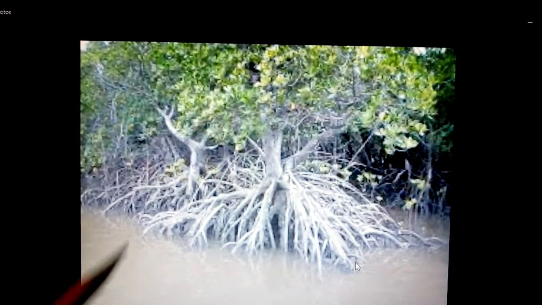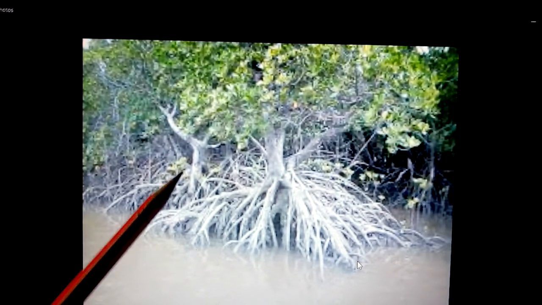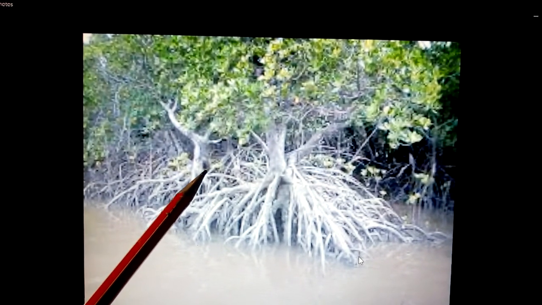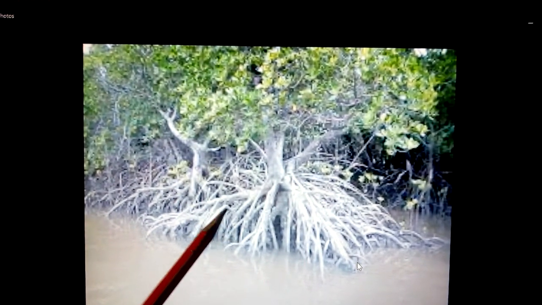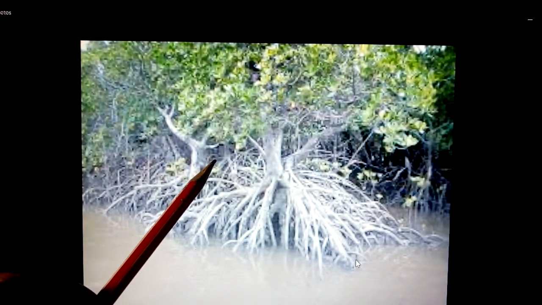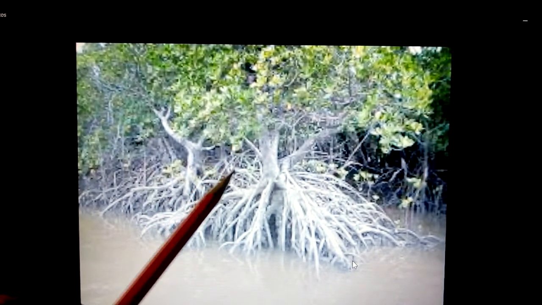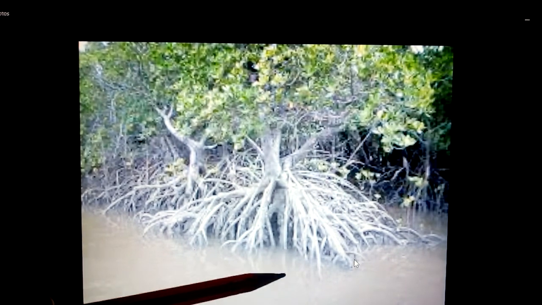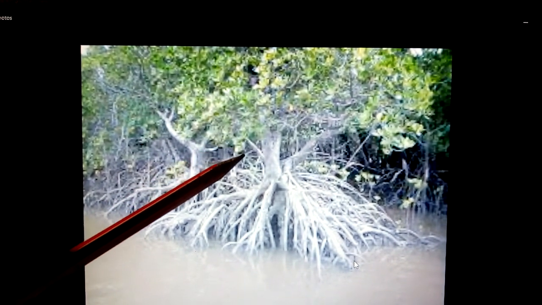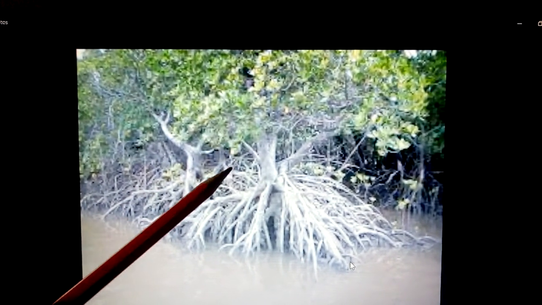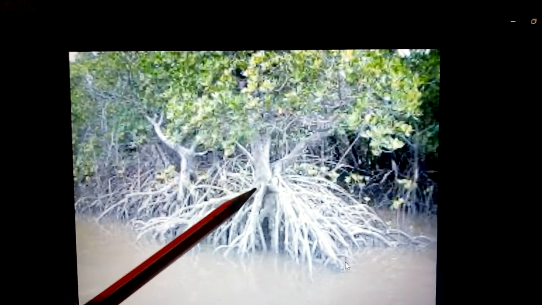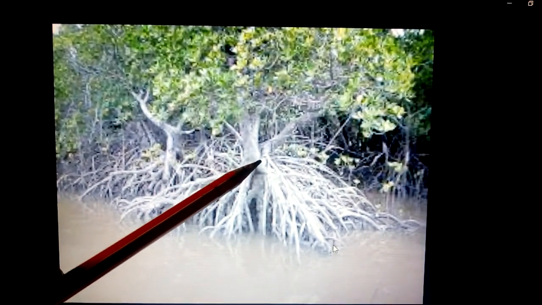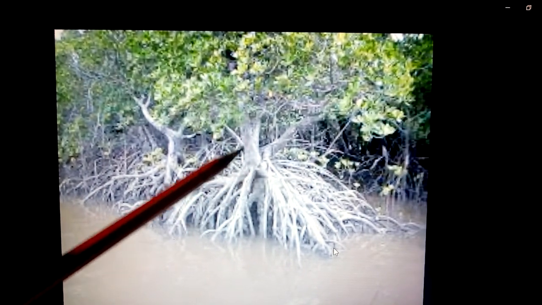They grow above the soil and help the plant to breathe. Above the soil they can breathe easily, and we see this type of root only in swamp areas, basically in mangrove trees.